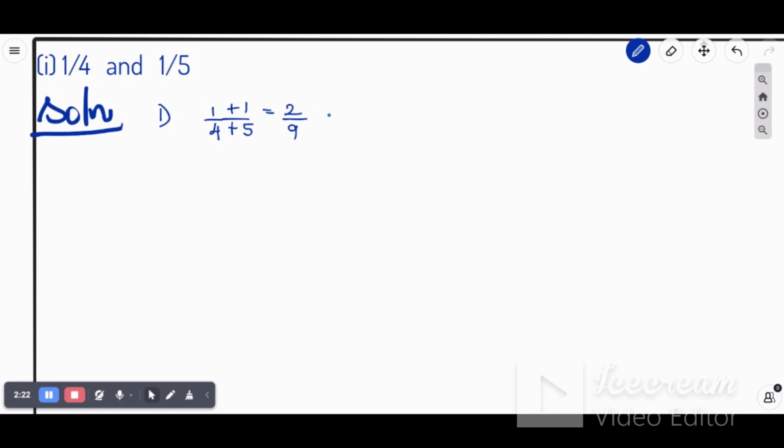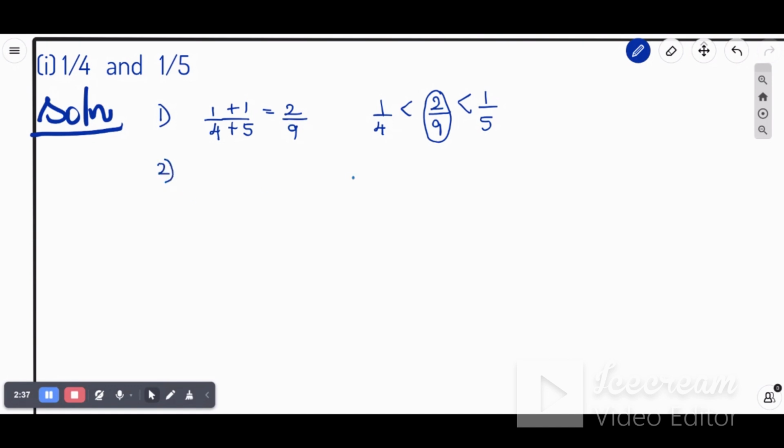Now this 2 by 9 surely lies between 1 by 4 and 1 by 5.